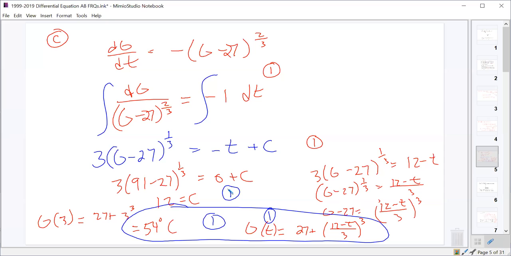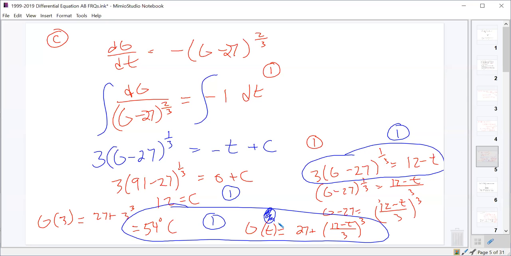And then they say 1 point for equation involving G and T. So I think even if you got to here and didn't fully solve for G correctly, that could have worked for a point. Then it says 1 point for G of T and G of 3. So I'm going to go with saying this was good enough for the 4th point, but then to get the 5th point, you had to have both G of T solved for and 54 degrees solved. Okay, thanks. I think that's what they mean, but sometimes it's hard to tell.